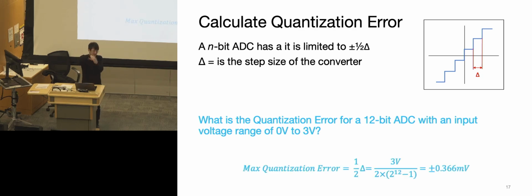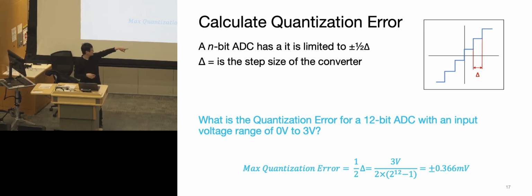It could be either way. So that's the equation there, and then we just divide the entire range, the reference high minus reference low, by the number of steps times 2 we have in the system. That gives the maximum quantization error of every given sampling point. Any question on this? Okay, perfect.